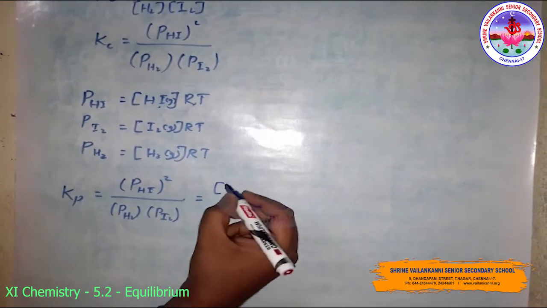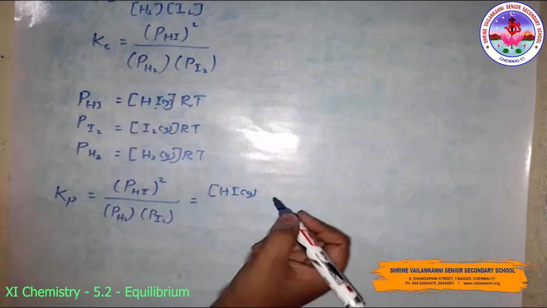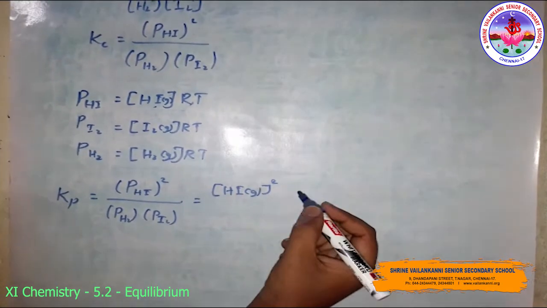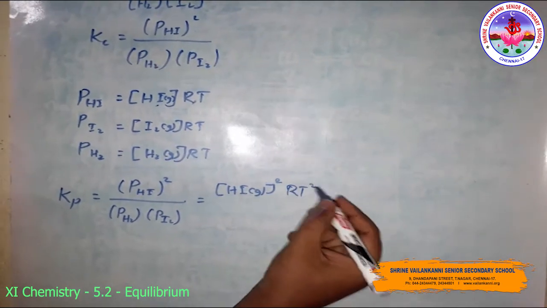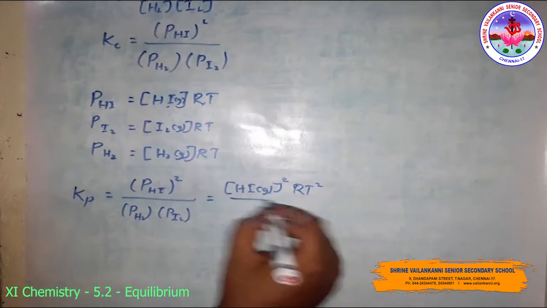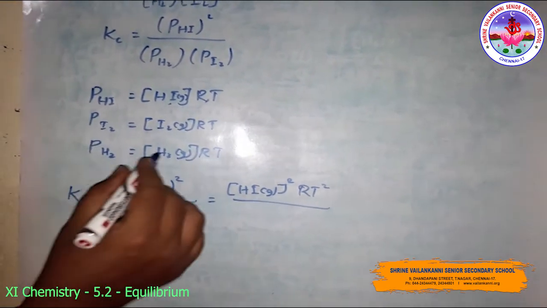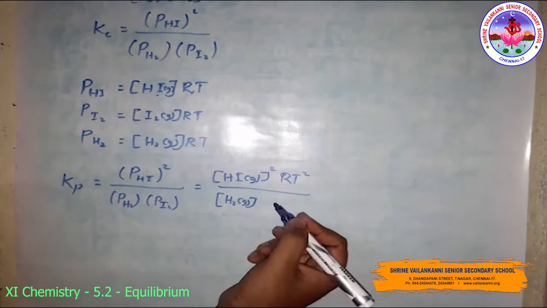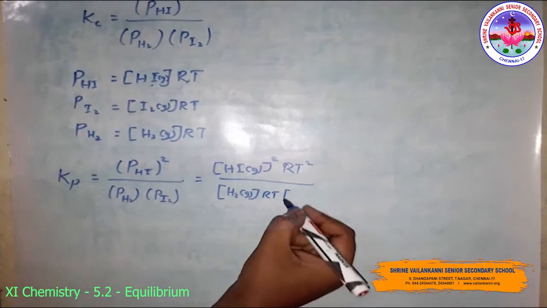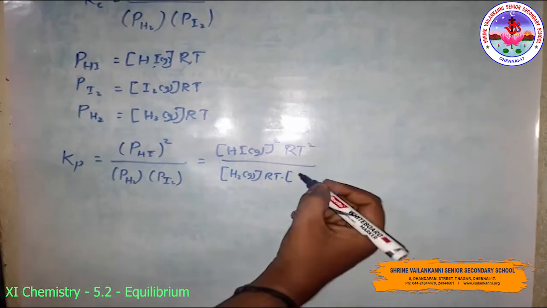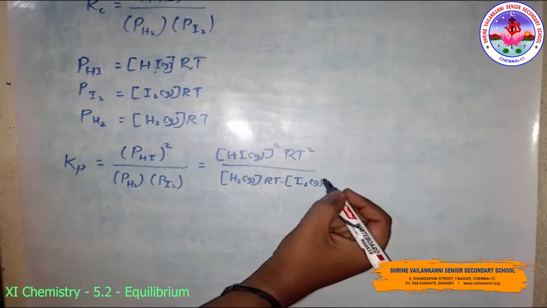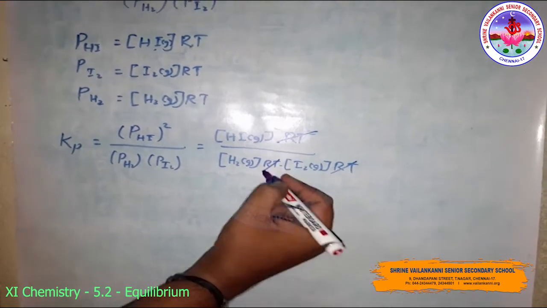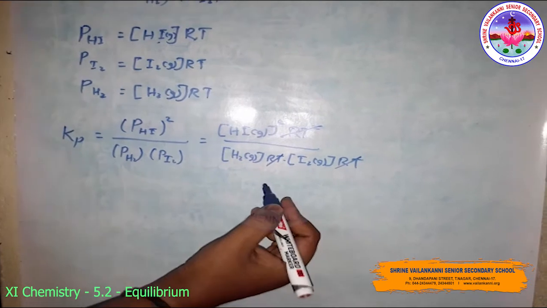We get the concentration of HI gas squared, and RT also becomes squared, divided by the concentration of H2 gas times RT, similarly the concentration of I2 gas times RT. So here the RT squared cancels. Then what would the remainder be?